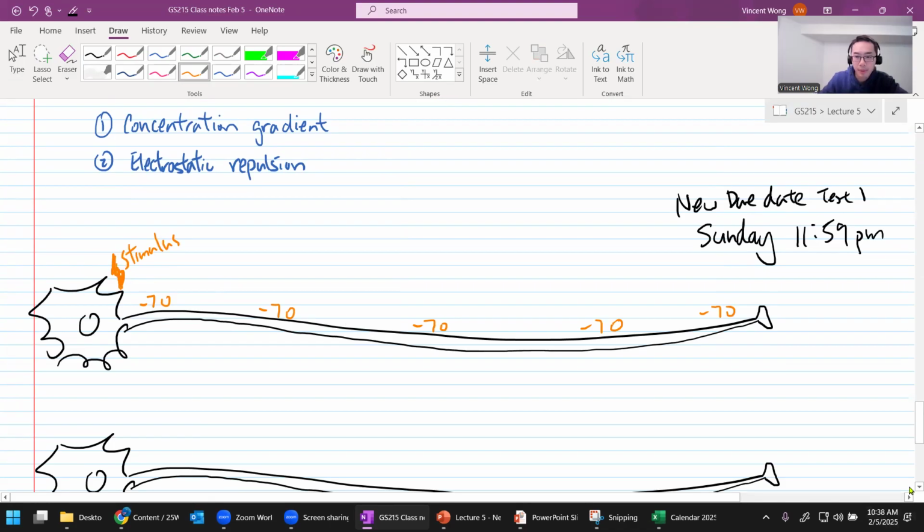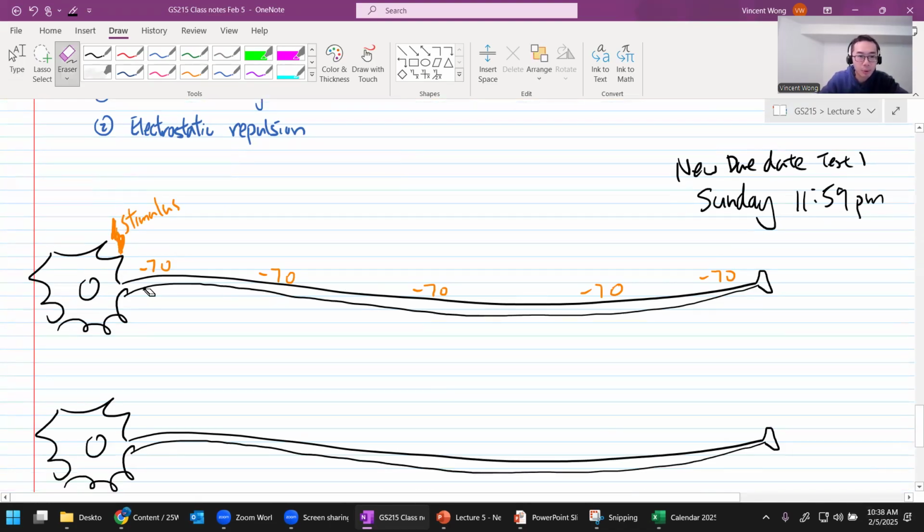What's going to happen is you're going to push this over the threshold, negative 60. And then the sodium will come in, and as the sodium comes in, it will reach positive 30. So this section is basically going to light up. The rest of it will still be at negative 70, negative 70, negative 70.